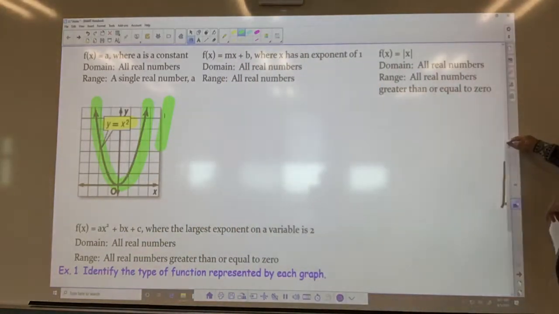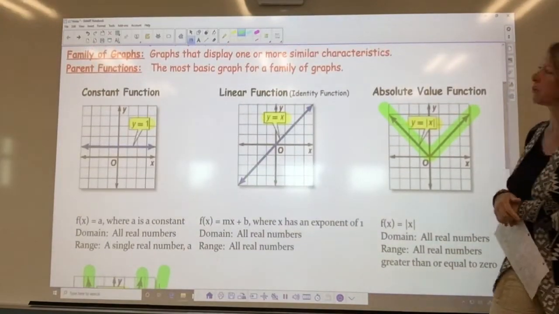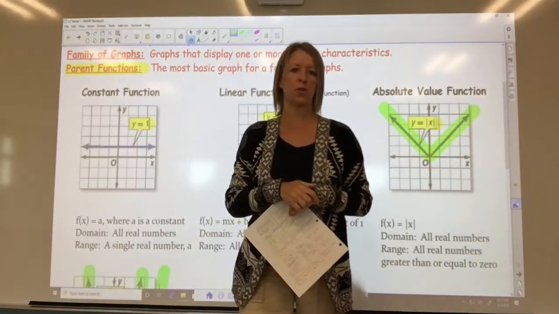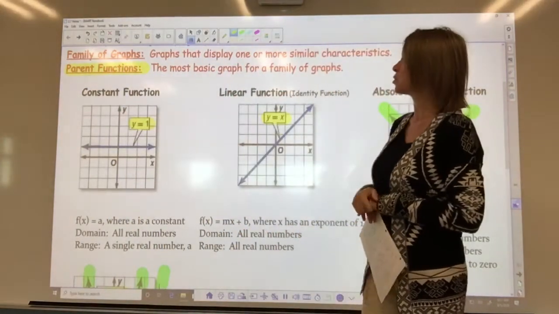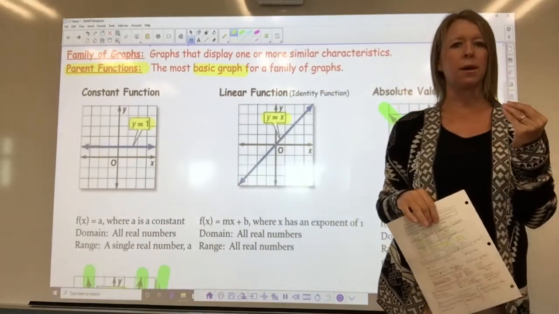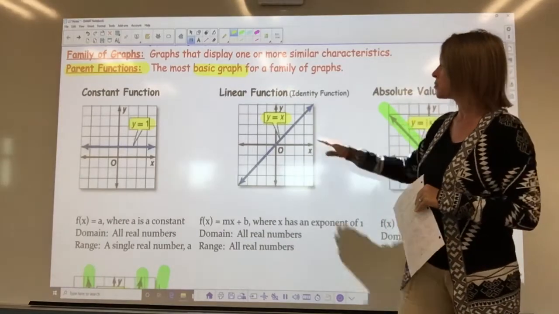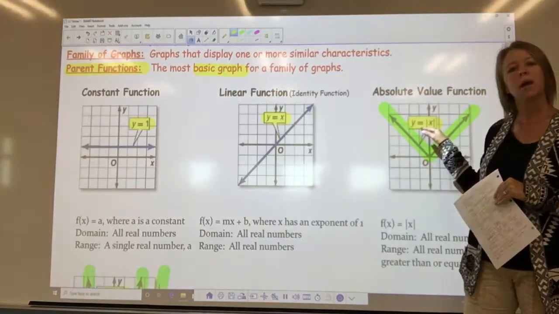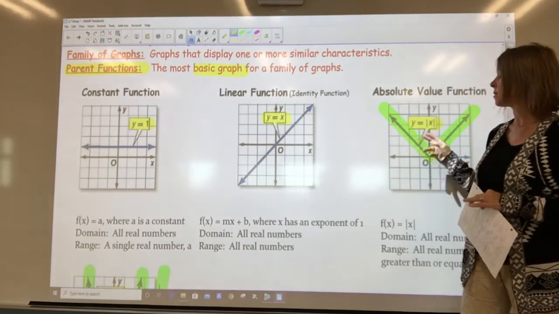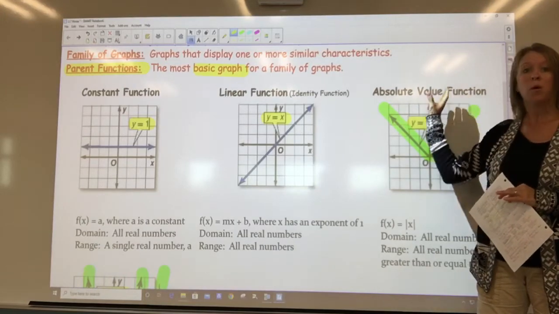Now, what I highlighted here in yellow for each of these graphs, we call those the parent functions for those graphs. Those are the parent functions, basically because it's the most basic equation and the most basic graph. When we start putting other numbers into the equation, the graph might end up being shifted up or down.